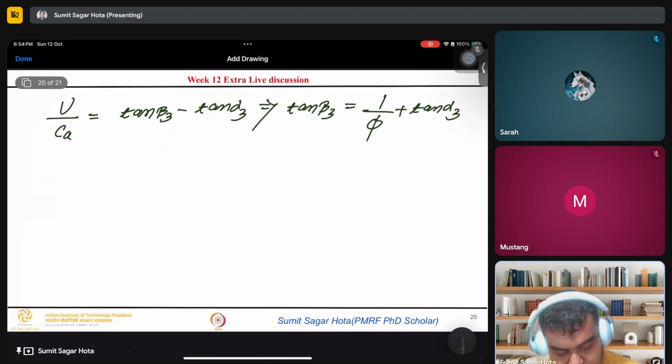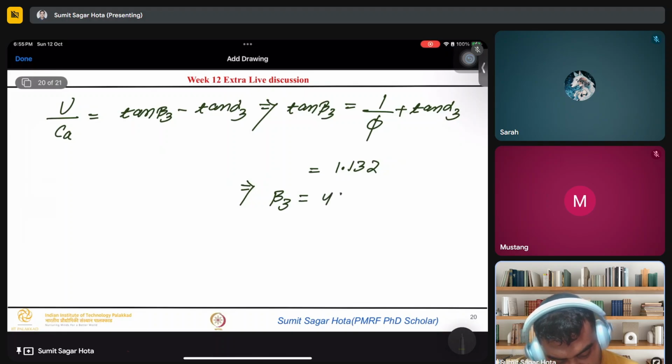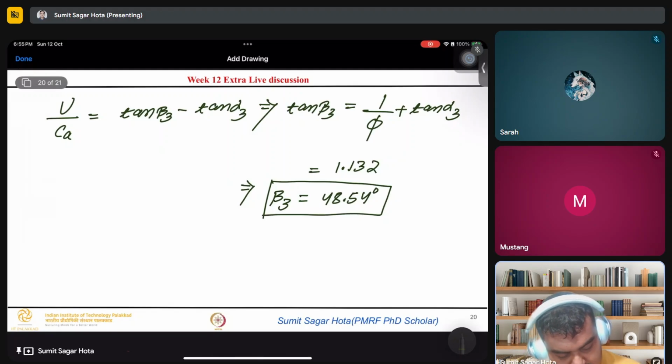If you put everything in, you will get 1.132, so beta 3 is equal to 48.54 degrees. This is your answer.